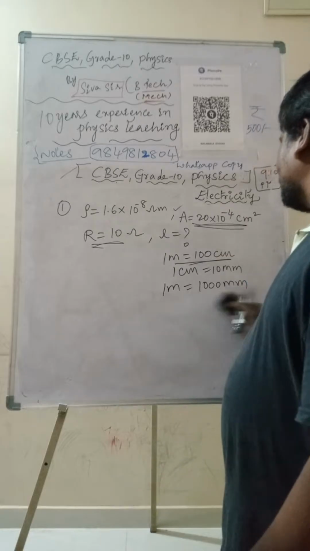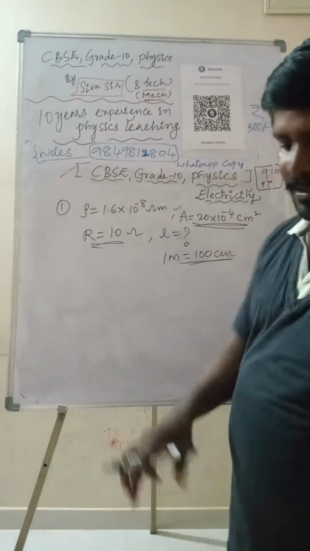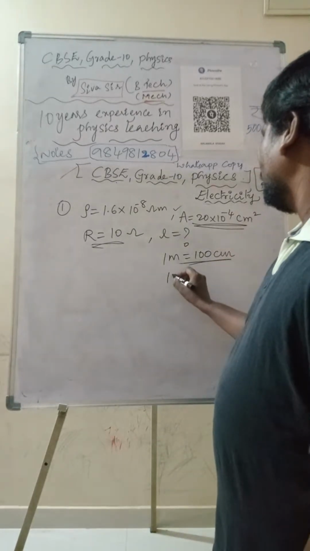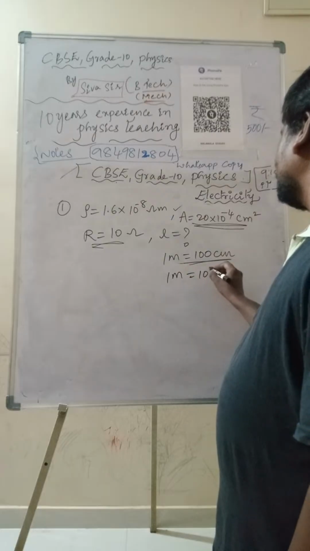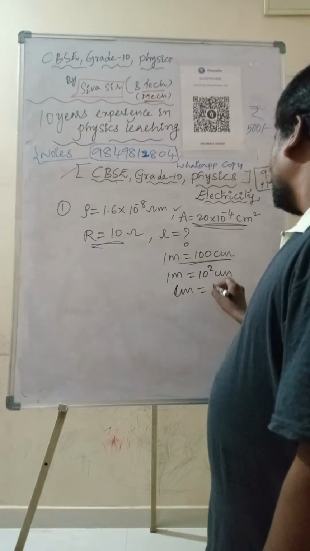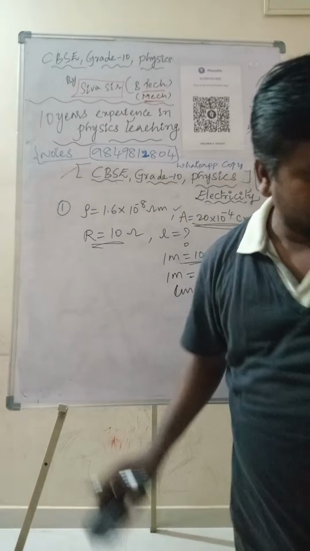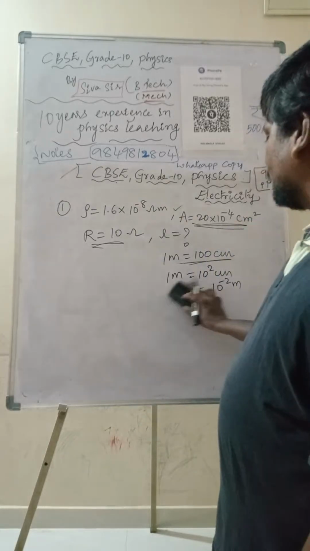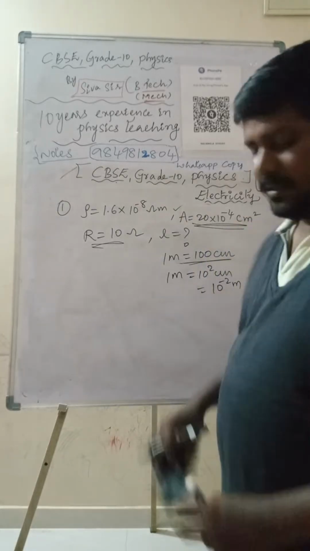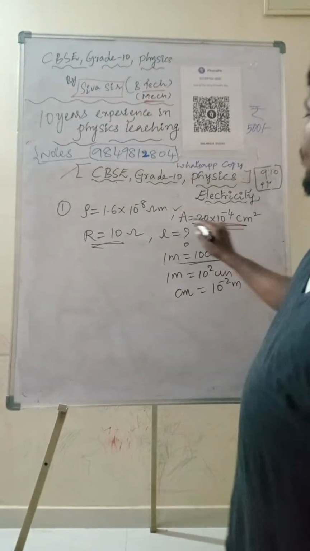So here I am considering like this. 1 centimeter equals 10 power minus 2 meter. Here I am considering area.